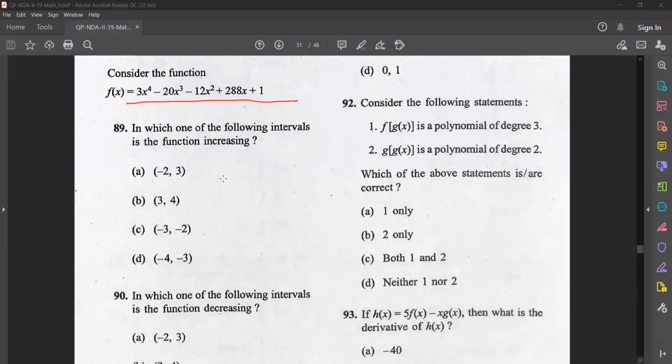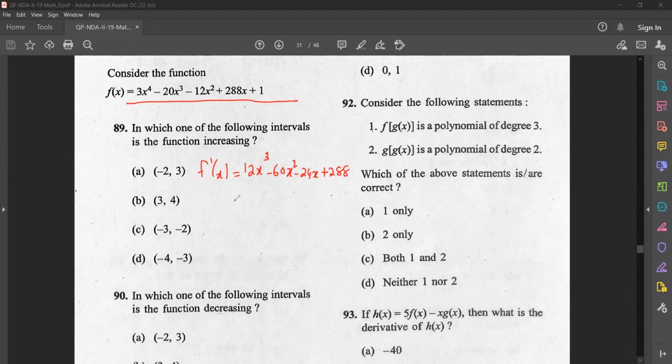Find f dash of x. That means take the derivative. F dash of x is 12x cube minus 60x square minus 24x plus 288, isn't it? So you have to check in which of these intervals this function is increasing. So take all the intervals and check. Before that, shall we simplify this?